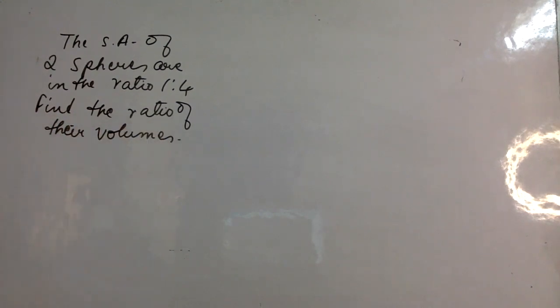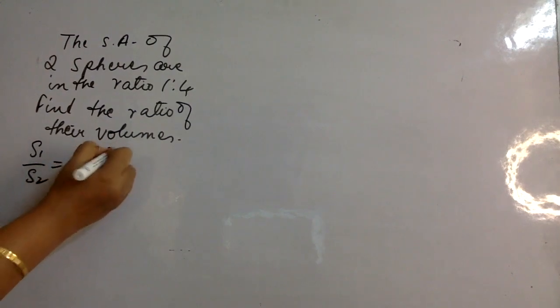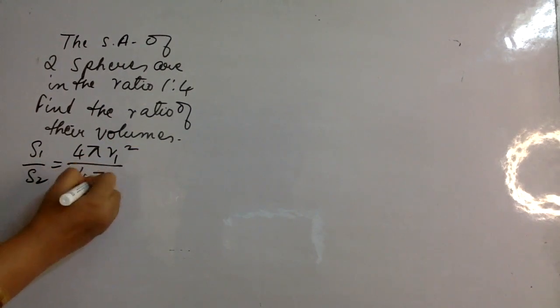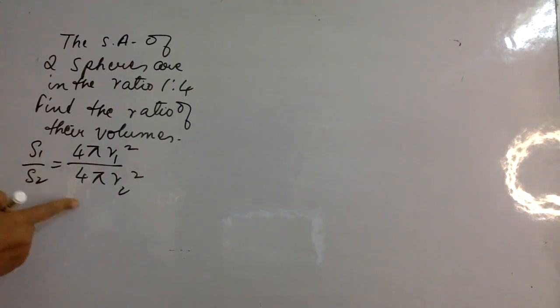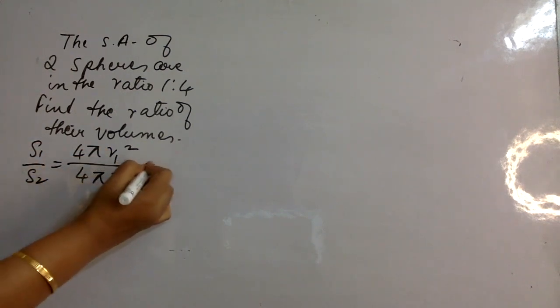So they have given us the surface areas of the two spheres. So S1 by S2 is 4 pi R1 square by 4 pi R2 square. Why? Because they both have a different radius. Okay, and that comes to 1 by 4.